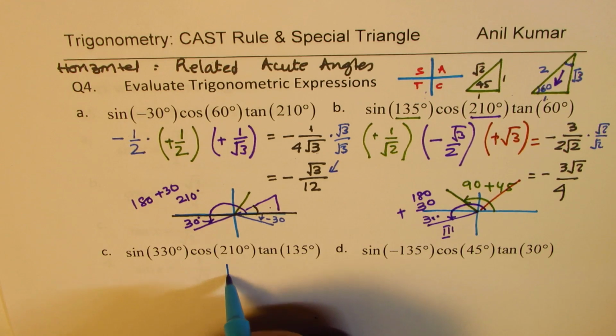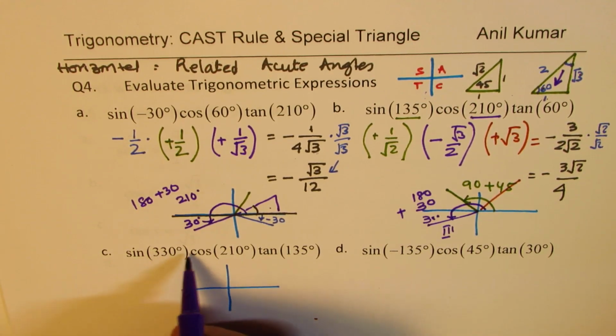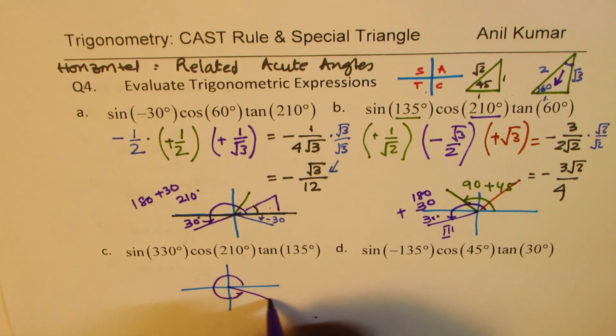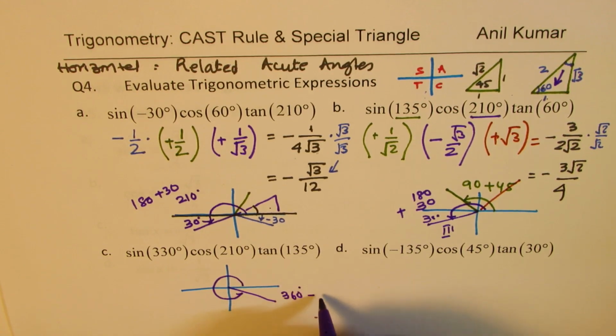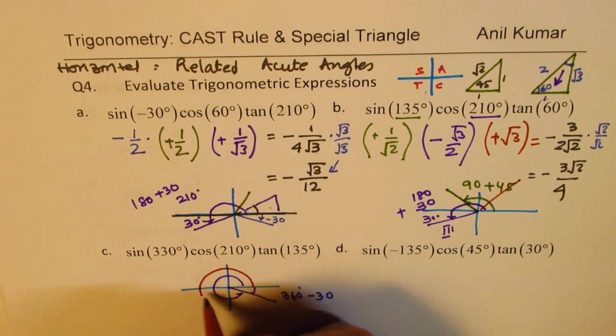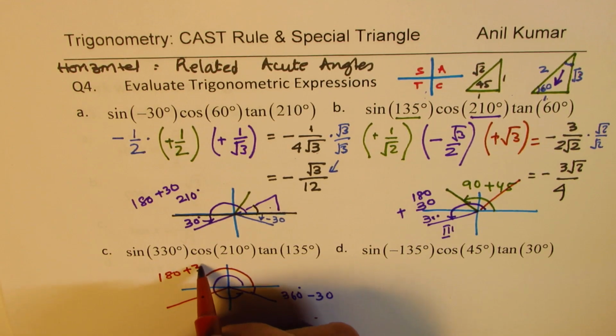So the steps involved are, you have to first look into 330. What does 330 mean? It is like this. This is 330. So basically it is 360 minus 30 degrees. You are looking into the 30 degrees triangle. When you say 210, in that case you are looking into this triangle, which is 180 plus 30 degrees.